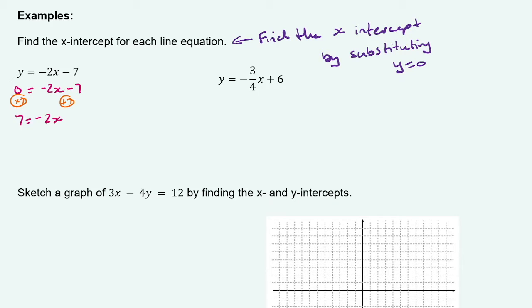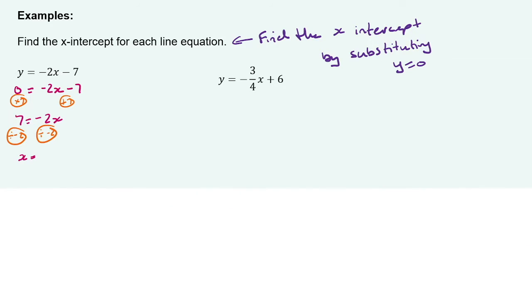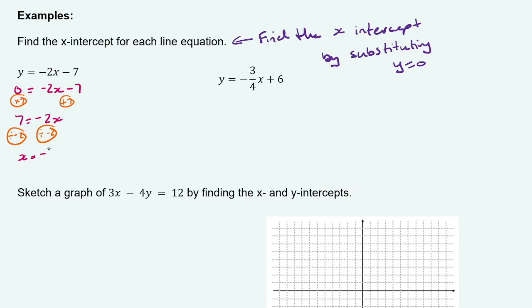Now that I've got 7 equals minus 2x, I can go back to those algebra skills. Divide by minus 2, making sure that I am dividing both sides of my equation. And I'm going to get x equals negative 7 over 2.